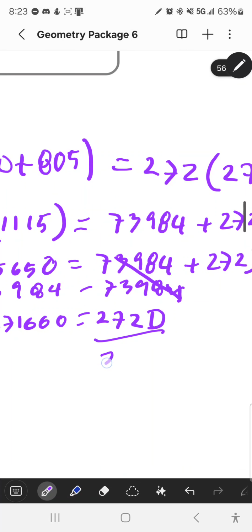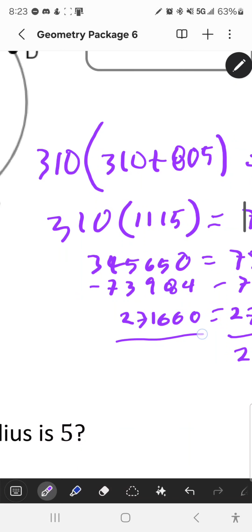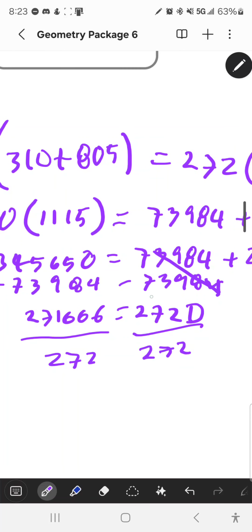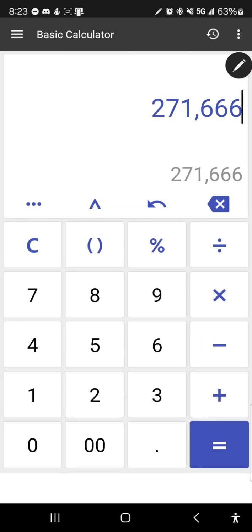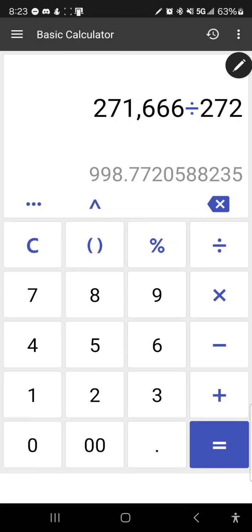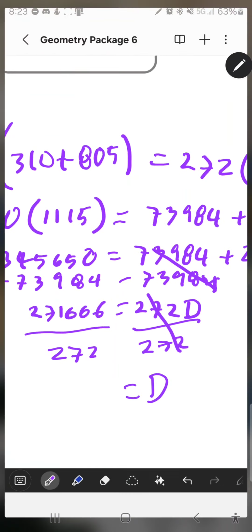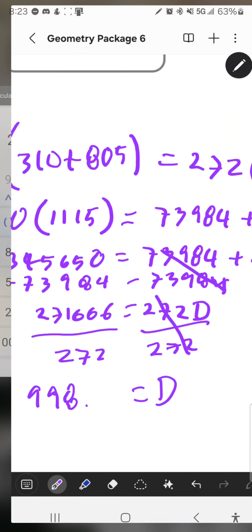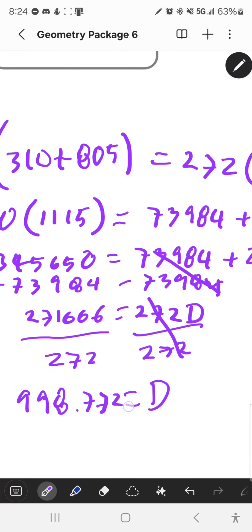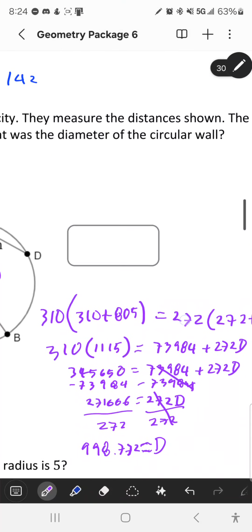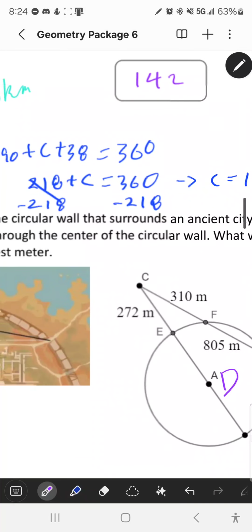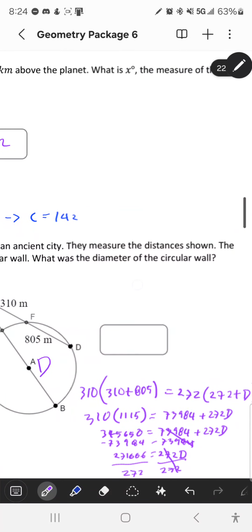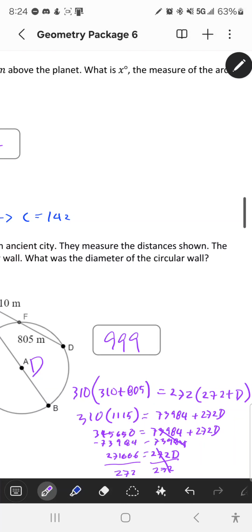And then I'm just going to divide by 272. So this cancels and d, the diameter, is approximately 998.772, and they say meters, so 999.